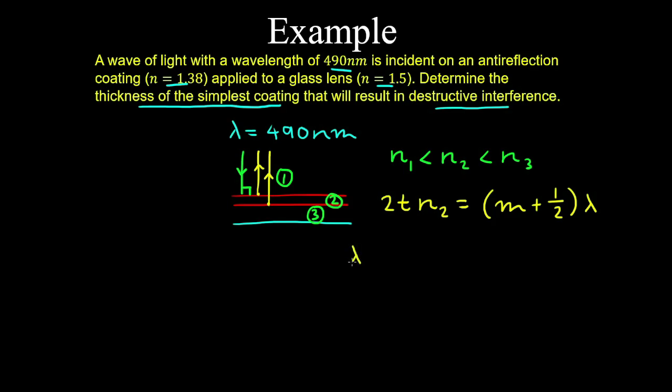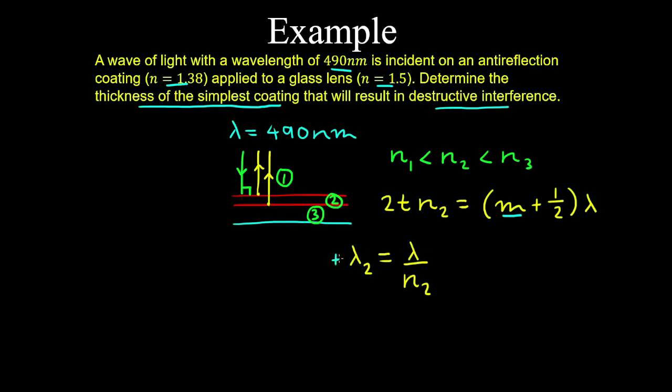So noting the wavelength of light in the coating is equal to the wavelength of light in the incident medium on the refractive index of the coating. So the thickness of the simplest reflective coating that will result in destructive interference is obtained by taking m equals 0.